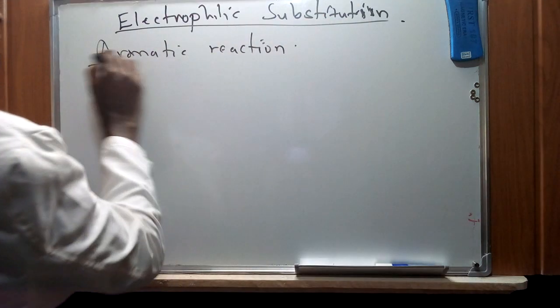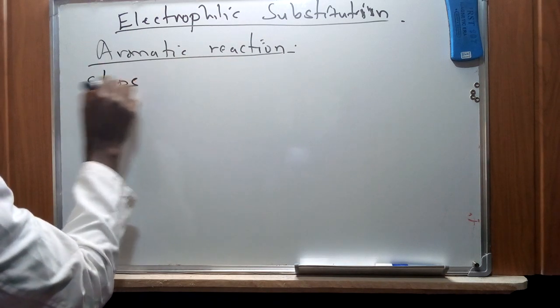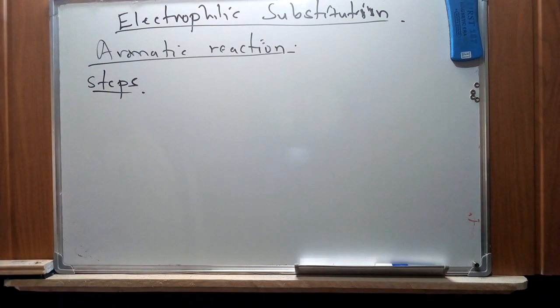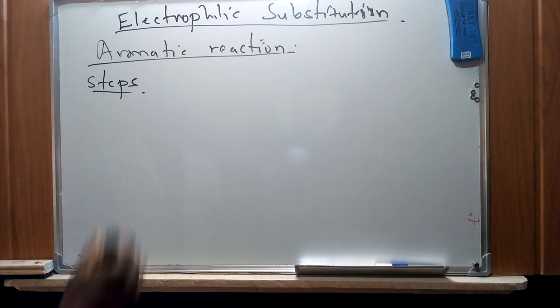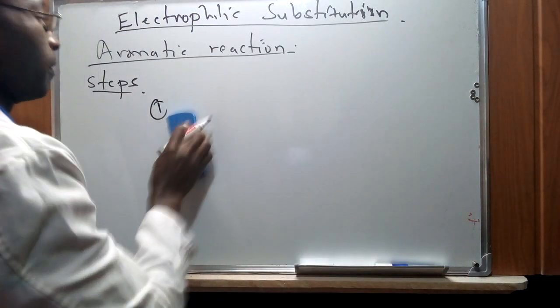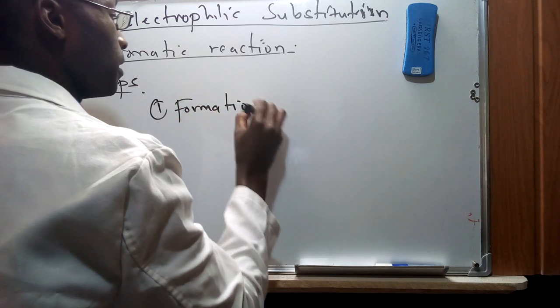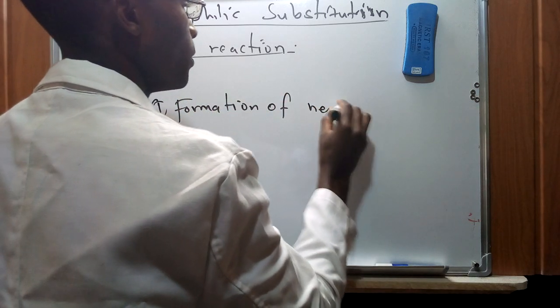And of course, there are going to be just 3 basic steps, which are going to represent the general electrophilic substitution aromatic reactions that we're going to discuss in our various topics. So in this case, the first step is the formation of a new sigma bond.